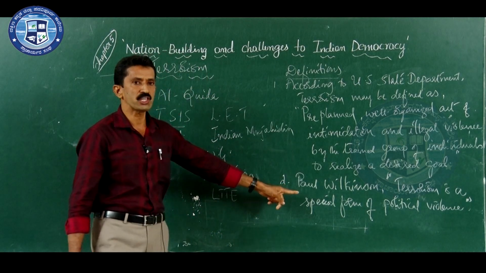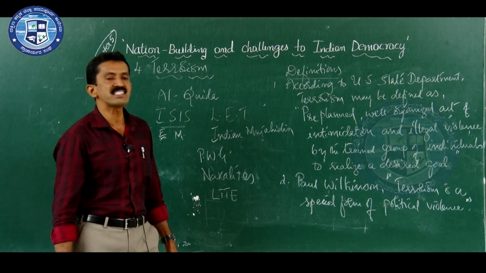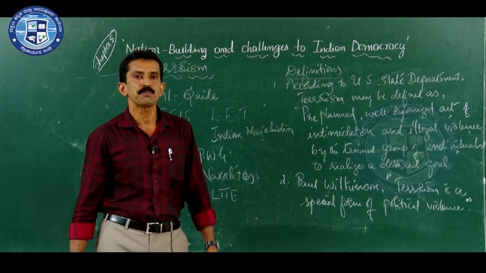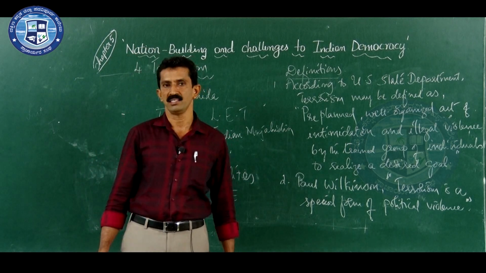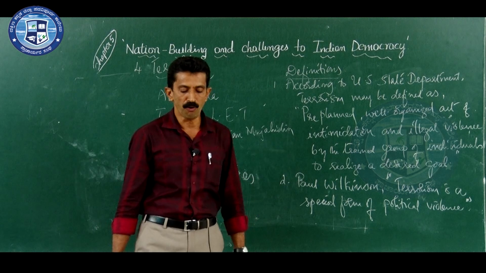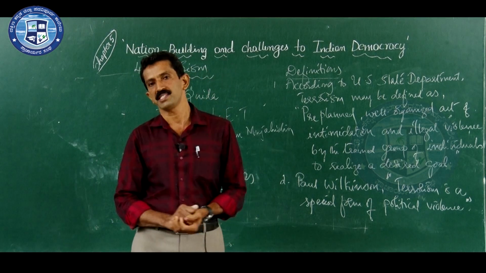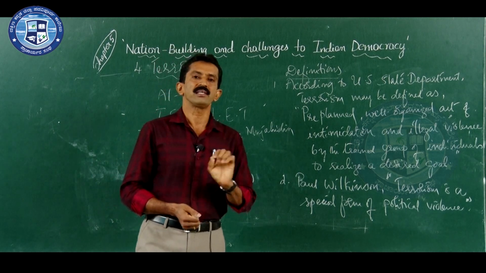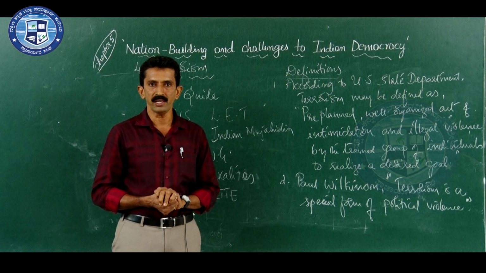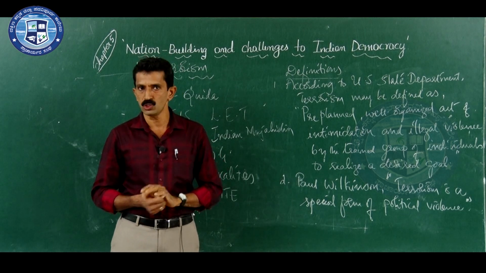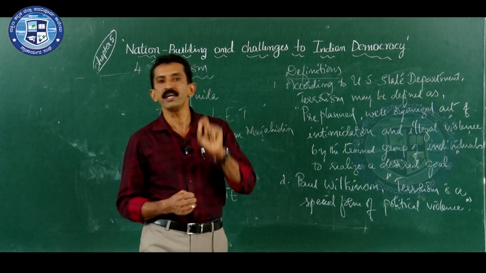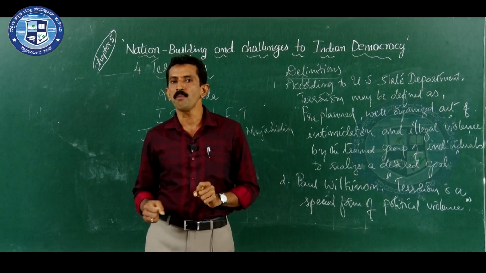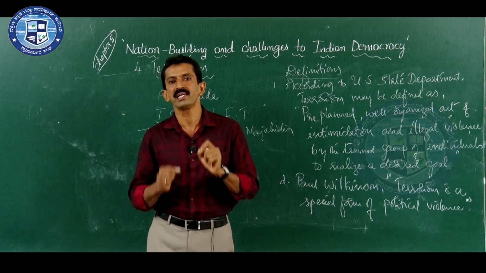Another definition was given by Paul Wilkinson, who said terrorism is a special form of political violence. So, in total we can say that terrorism is a violent act by a group of individuals who want to create fear in the minds of common people, and they attack common people or neutral military servants.